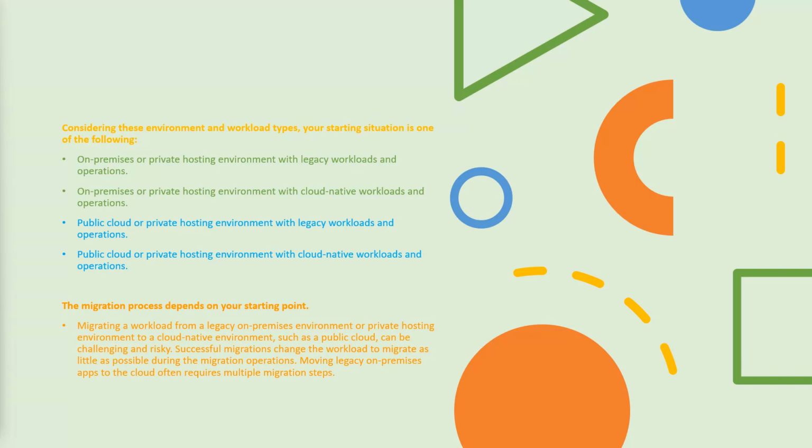Moving legacy or on-prem apps to the cloud often requires multiple migration steps. Sometimes you have one application or an operating system or application that you just cannot migrate. You have to take different steps to accomplish what you're trying to do when migrating to the cloud.